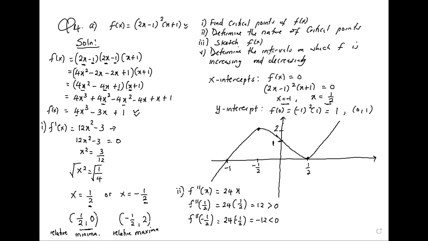It's a y coordinate of 0. f of a is equal to b. This means I have a point a comma b. That's why we say 0, 1 is the y-intercept.